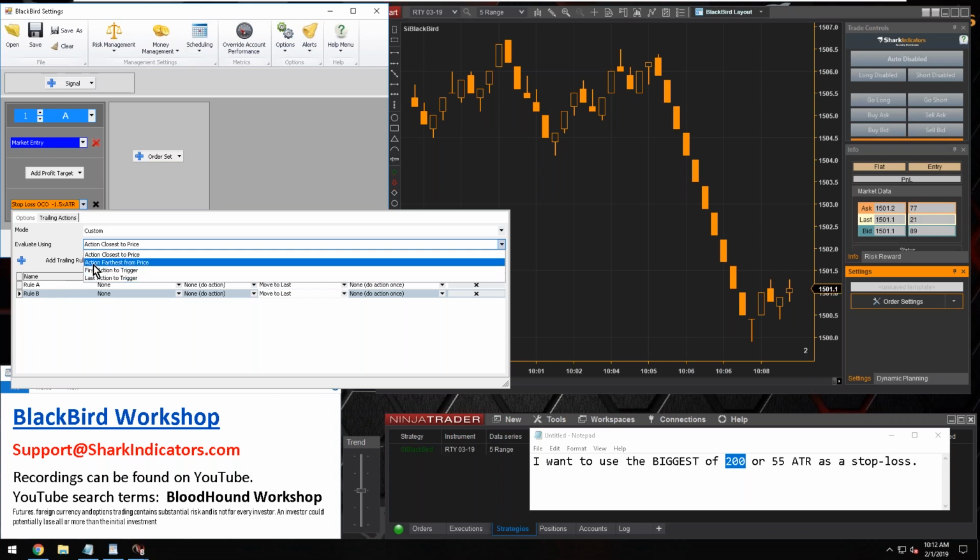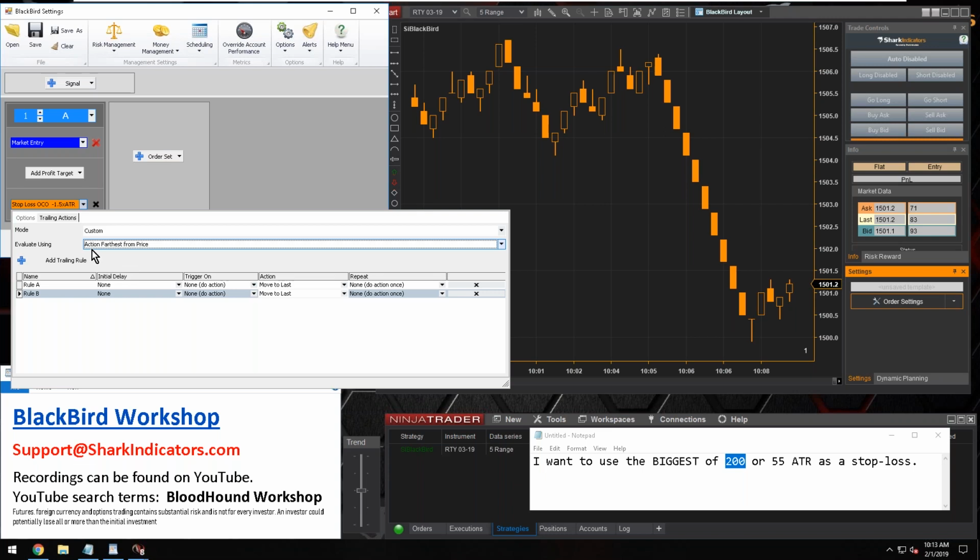So we also have this action furthest from price. Once you set this mode, it stays that way. This is what I was trying to think of how to get past.